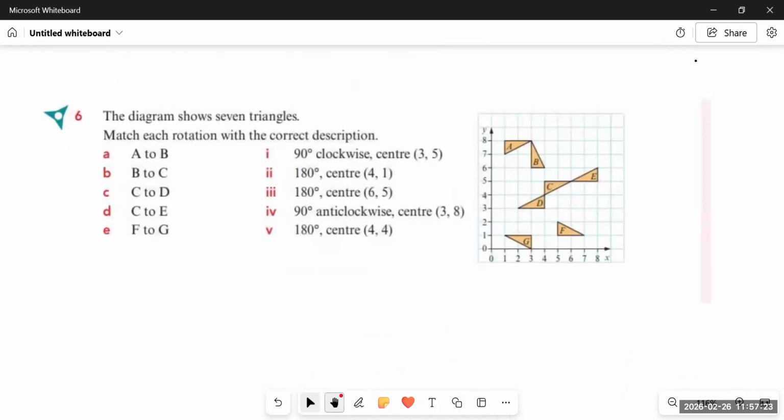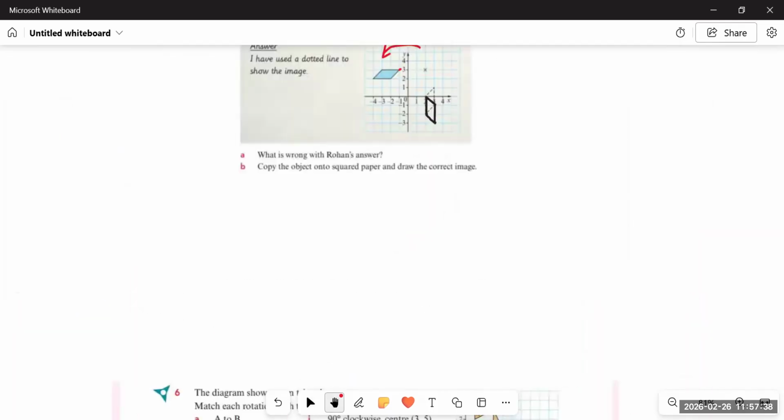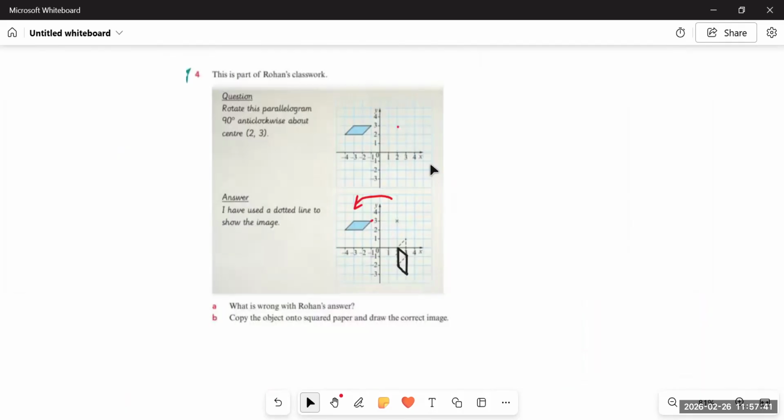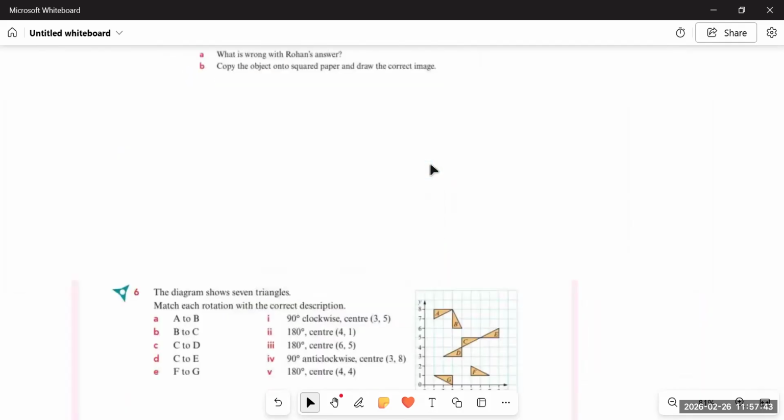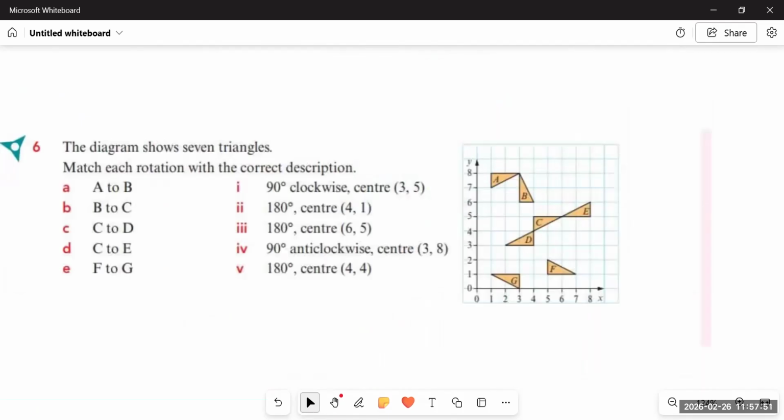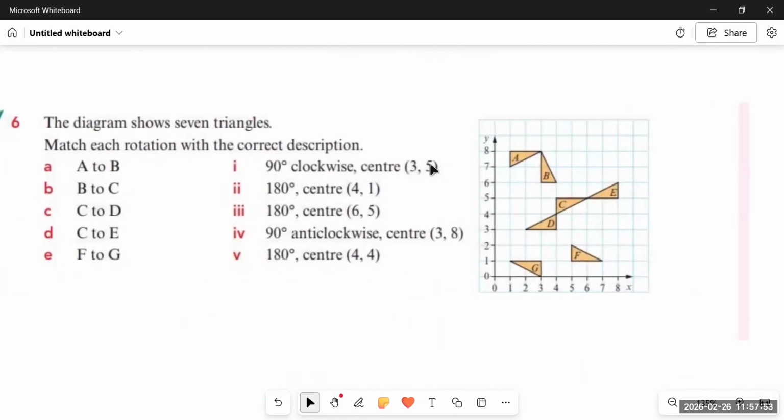Here comes the next question. The diagram shows 7 triangles, and we have to match each rotation with the correct description. From A to B, students, you can see that with center, this is the center, 3, 8.